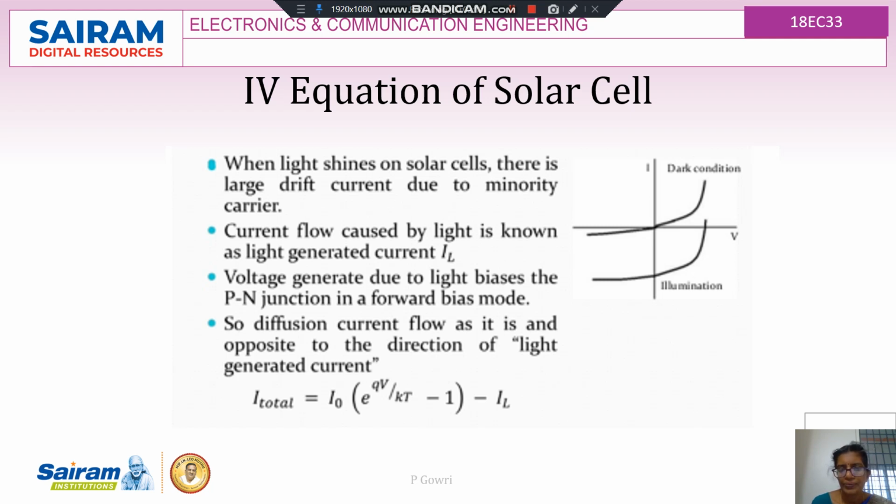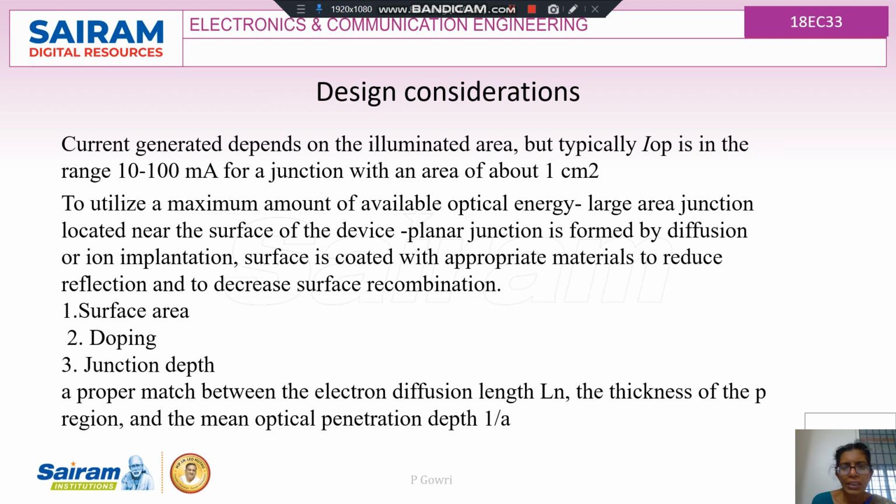When we go for the design consideration of the PN junction for a solar cell, we have three important factors to be considered. The first is the surface area, the second is doping, and the third is junction depth. So what is meant by surface area?